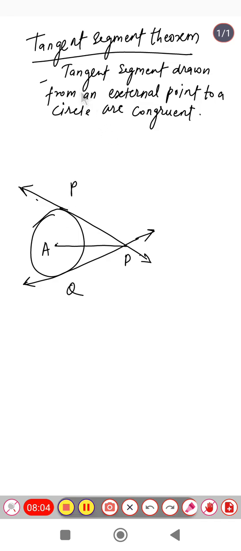Now we have to prove the tangent segment theorem.